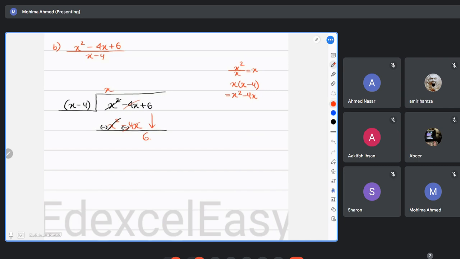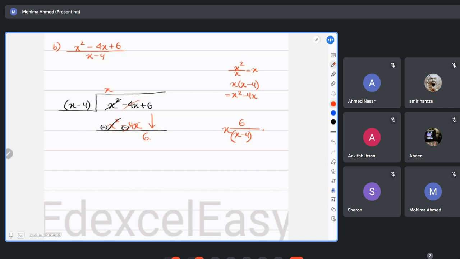At the end, I am not going to get the remainder 0. I cannot further divide 6 with x. That is not possible. So over here, I can write my answer in a mixed fraction format. The quotient x goes at the front, and the remainder always goes in the numerator, with x minus 4 in the denominator.